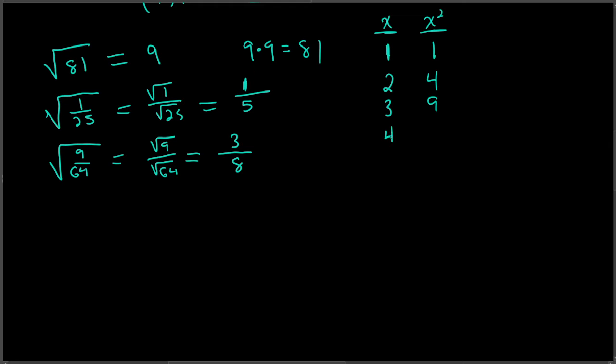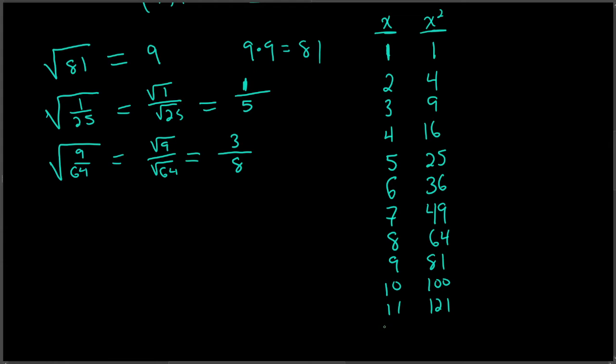If I take 4, 4 times 4 is 16. If I take 5, 5 times 5 is 25. If I take 6, 6 times 6 is 36. 7 times 7 is 49. 8 times 8 is 64. 9 times 9 is 81. 10 times 10 is 100.